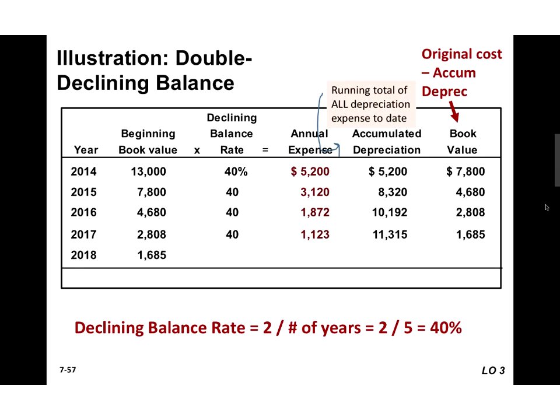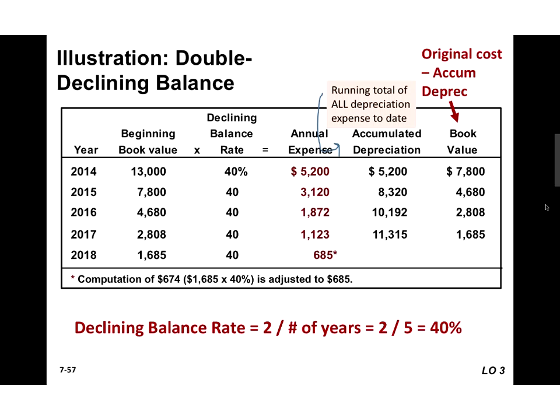So what we're going to do in this year, let me just start with $1,685 times 40%. That doesn't give us $685, but how do I know it's $685? I know it's $685 because my residual value is $1,000. I had a book value of $1,685. If I took $1,685 times 40%, I'm going to get a different number.